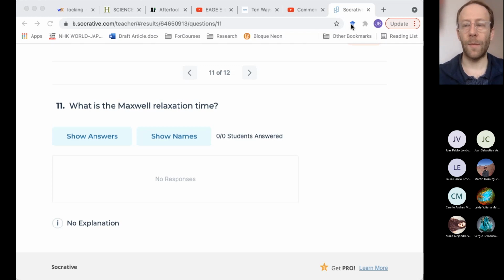More physically, how it's used is basically a way to separate processes taking different amounts of time in order to know if one is elastic, if one is viscoelastic, and if one is completely viscous. So this Maxwell relaxation time is used to know what's the dominant mechanical behavior of your process.